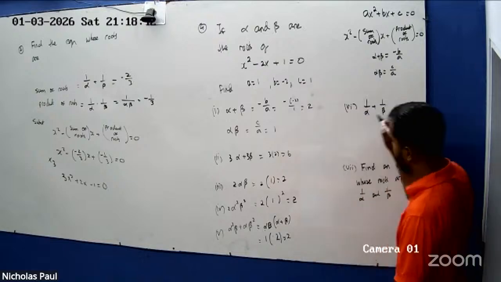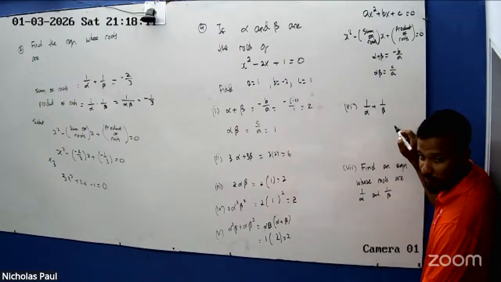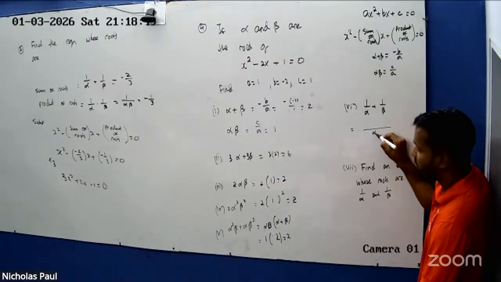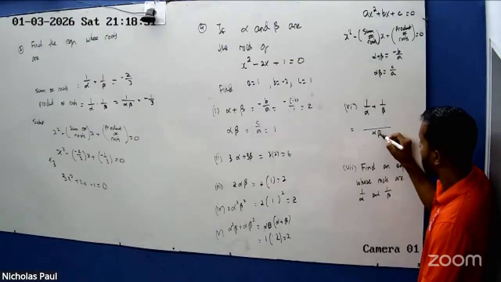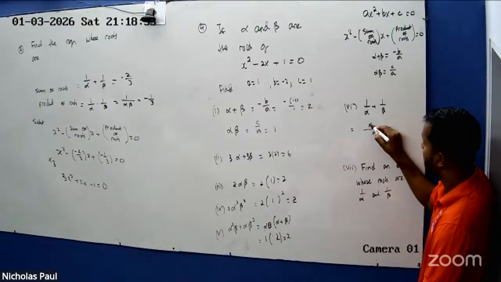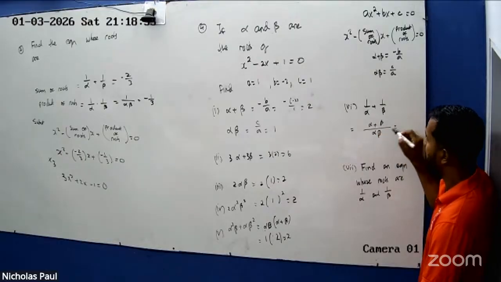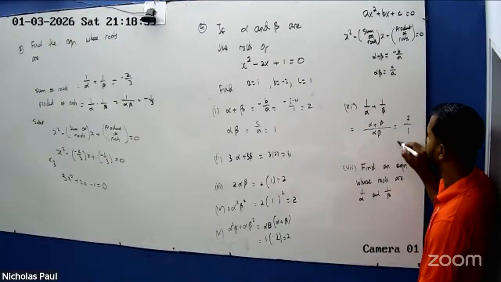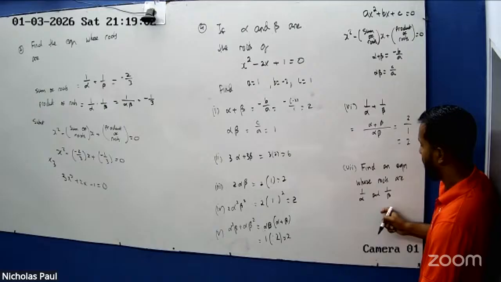Right, good. What to do here? Find the LCM of alpha beta. And that's alpha, beta plus alpha. And that's 2 over 1. The answer is. Right?